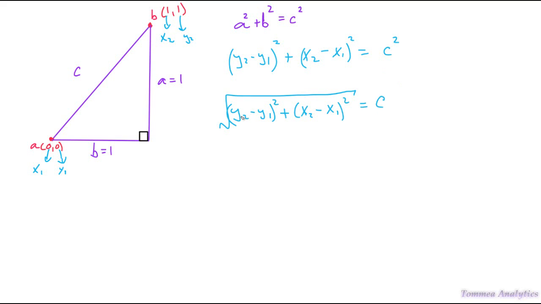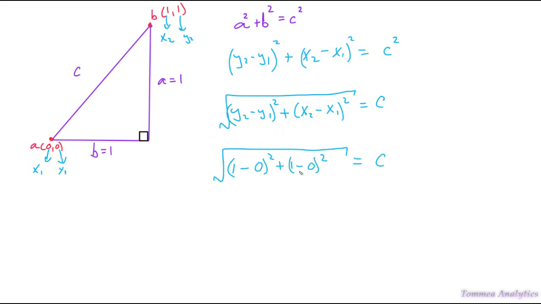So then we just plug in the numbers for the x and y values. So this is going to be y2, which is equal to 1, y1 is equal to 0, and then x2 is 1, x1 is 0, so 1 minus 0. We square that, and this is equal to c.